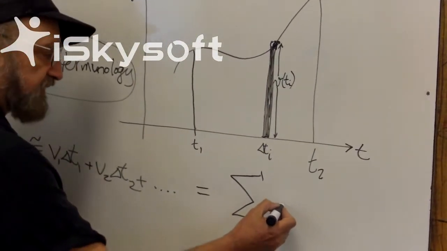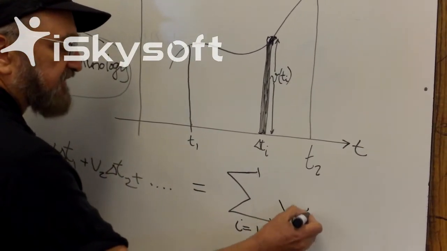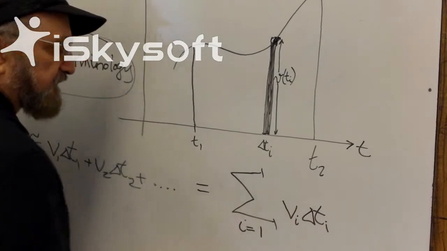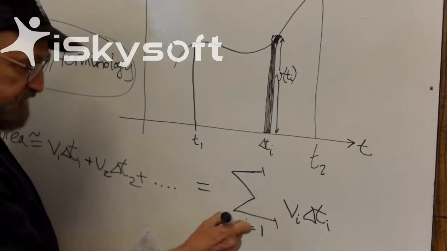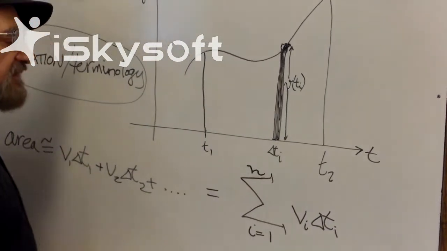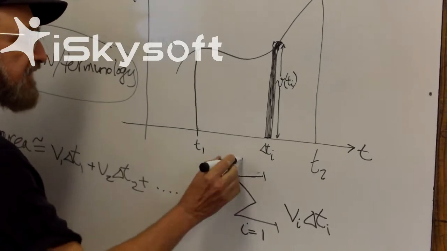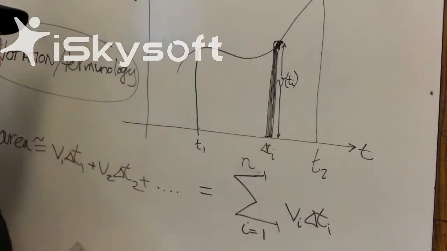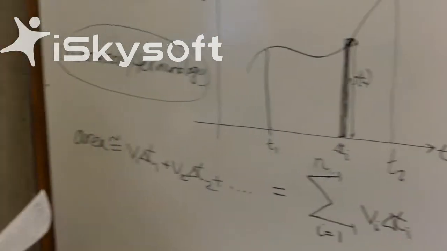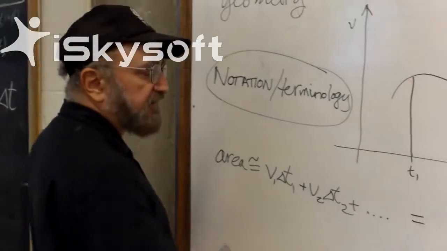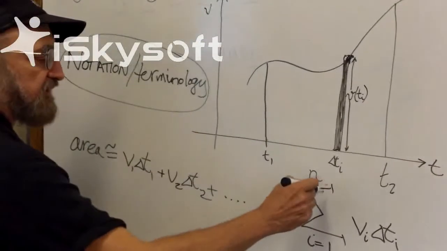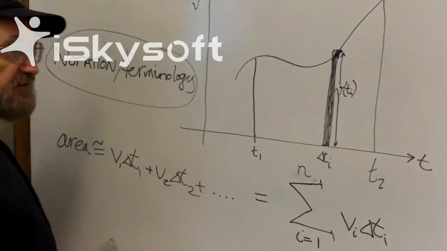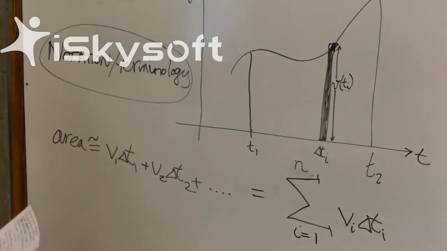Let me repeat exactly those terms: V sub i times delta t i, summed from 1 up to the number n that we've divided this whole area into, whatever the shape of the curve is on top. This is a capital Greek letter sigma, which is their version of an S.